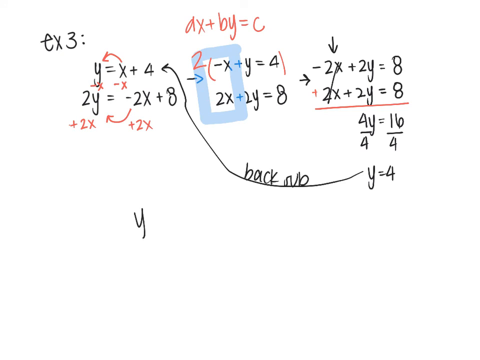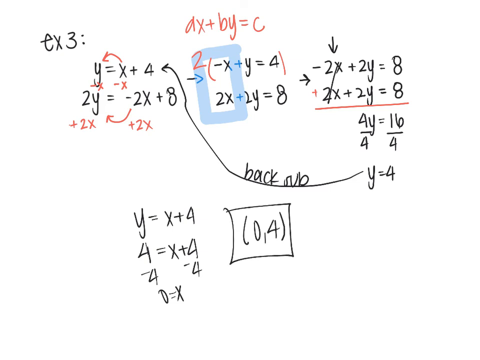And I'll have y equals x plus 4. Well, I know that y is 4. And then I have x. So I'm going to minus 4, and get x equals 0. So my solution is the point 0, 4.